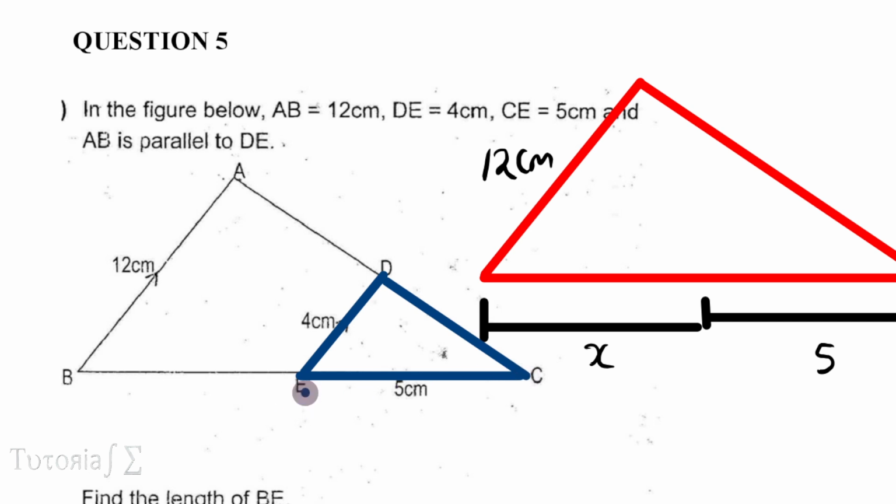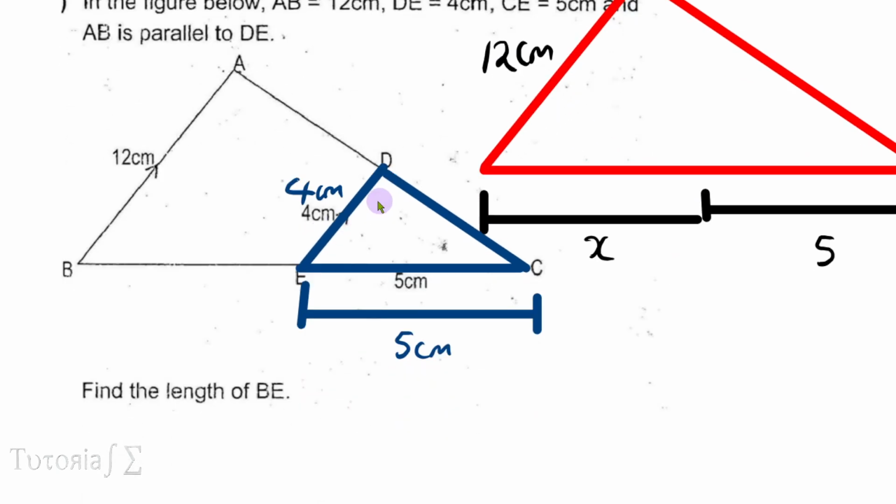This small side of the triangle is 5 centimeters, and this side is 4 centimeters. And you can simply just drag that out. So for visualization, you can drag it out, just like that. Then what you do is you look for sides that are similar.